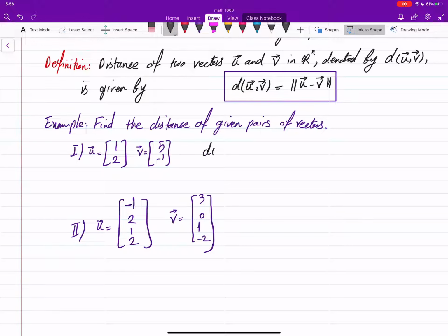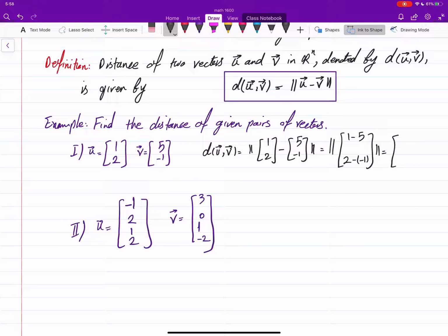We know that the distance of u and v is the length of u minus v. And we do the vector subtraction component-wise. So this is 1 minus 5, 2 minus negative 1. This gives us (-4, 3).